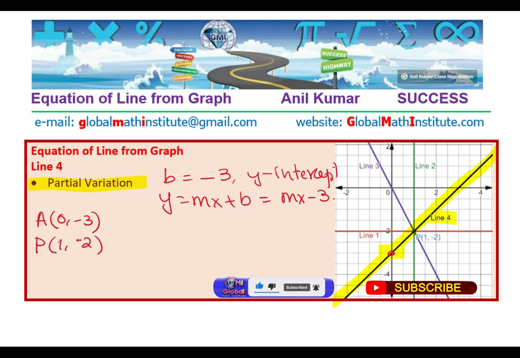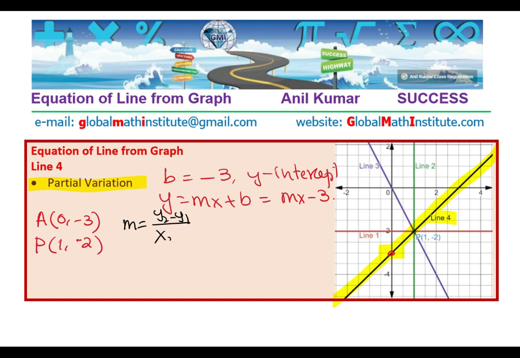Now from here you can find the slope m, which is y2 minus y1 over x2 minus x1. And clearly it is -3 minus (-2) over 0 minus 1, which is -3 plus 2 over -1. That gives you a slope of -1 over -1, which is +1.